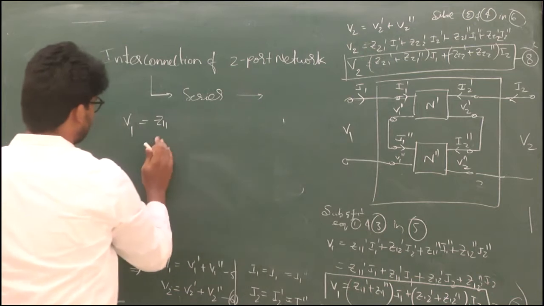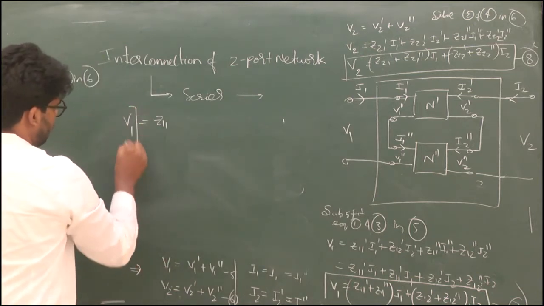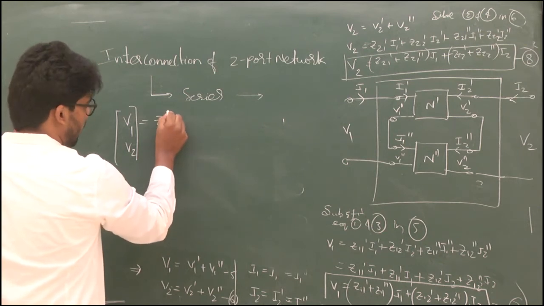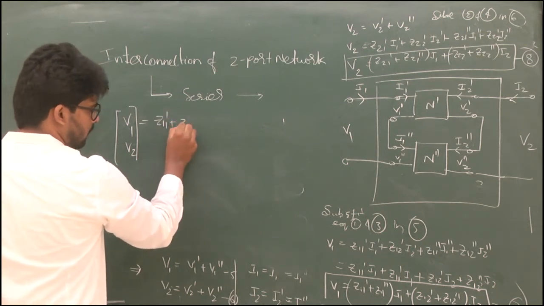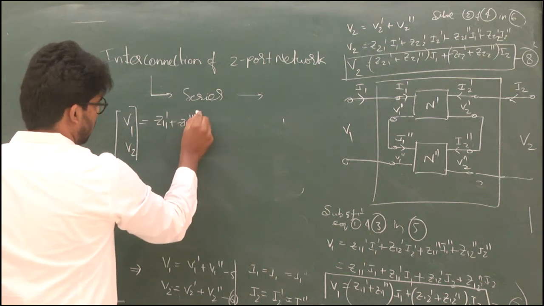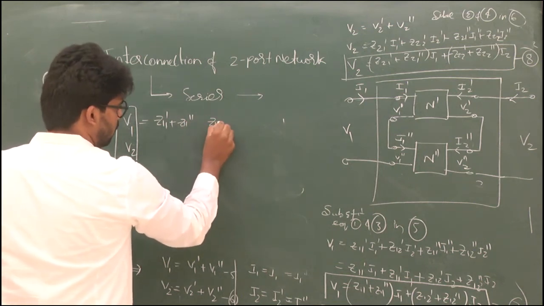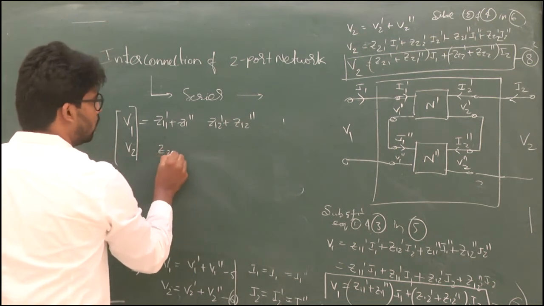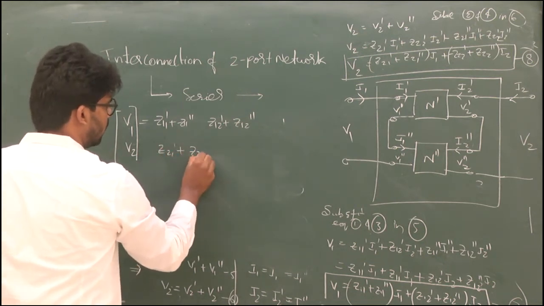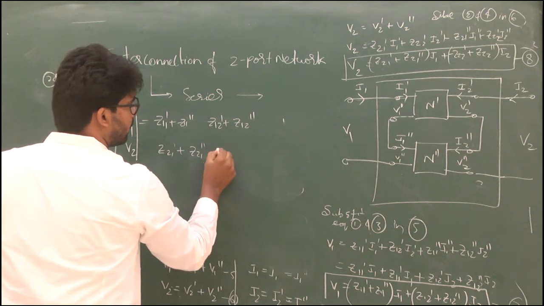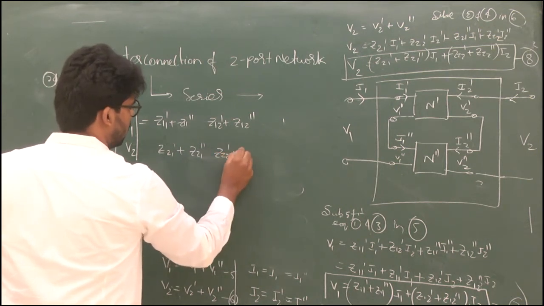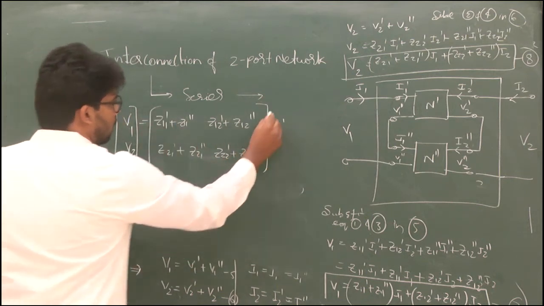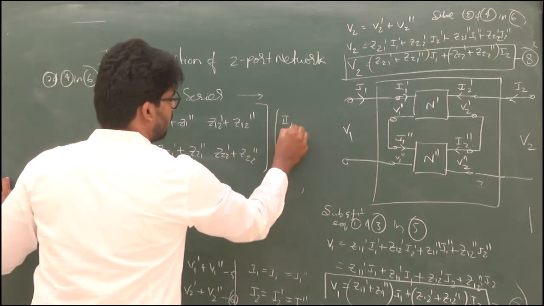V1 and V2 in matrix form, if you want to write, we obtain: Z11 dash plus Z11 double dash, Z12 dash plus Z12 double dash, and Z21 dash plus Z21 double dash, Z22 dash plus Z22 double dash, multiplied by I1 and I2.